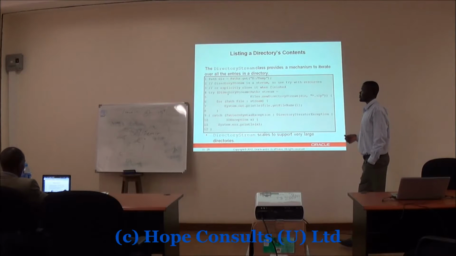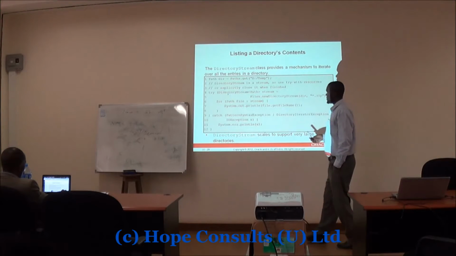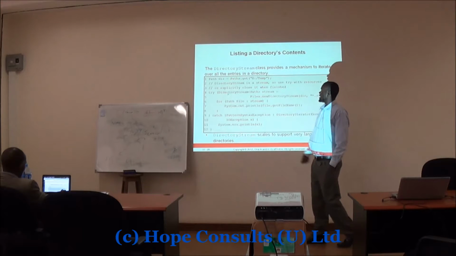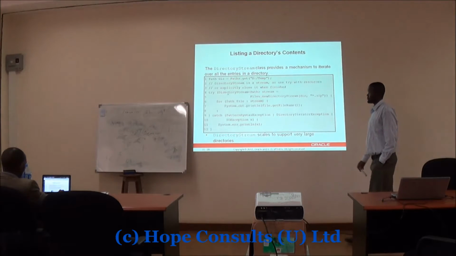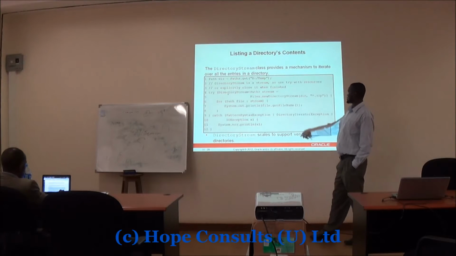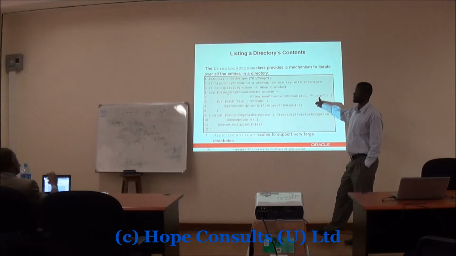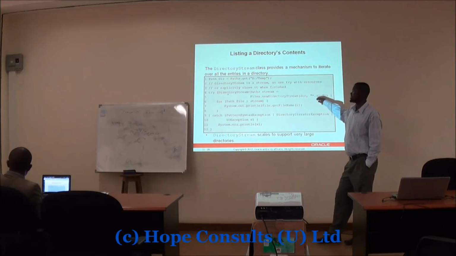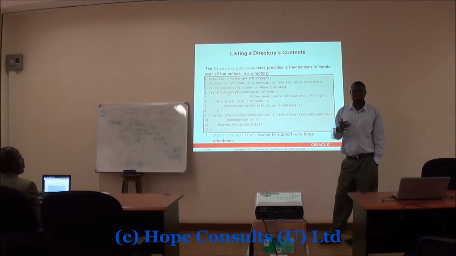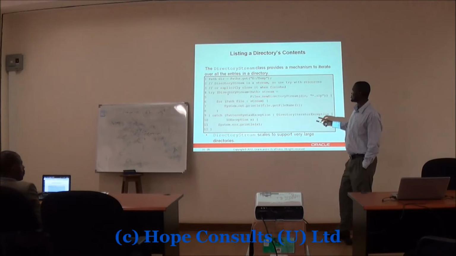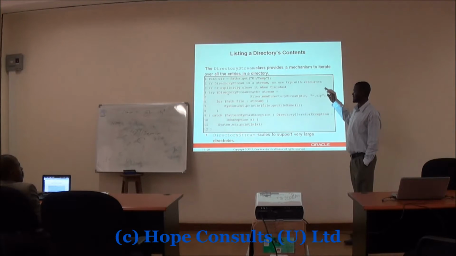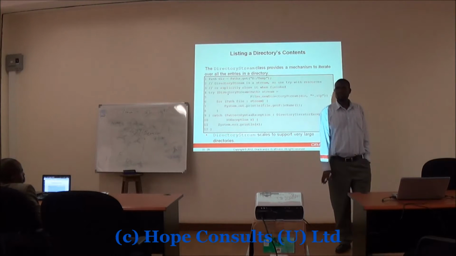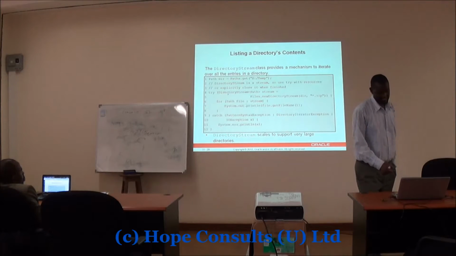So you load the directory like this, using the files directory stream, and you are looking for a pattern. So this is one way of specifying what you are actually looking for. If you are looking for Word documents, it will be docx. Then you can list all those files. So it's one way of searching.